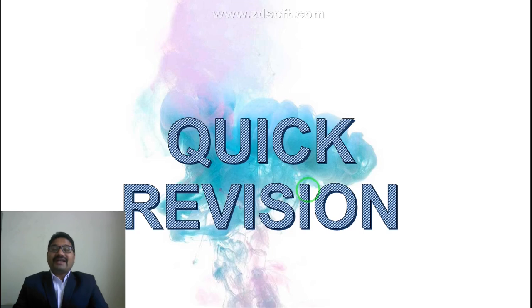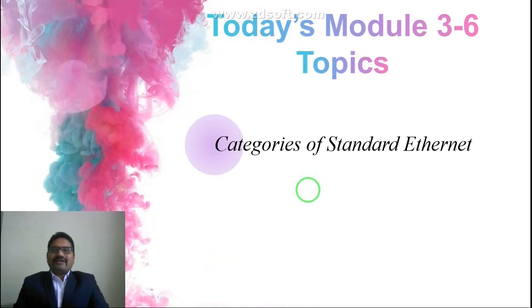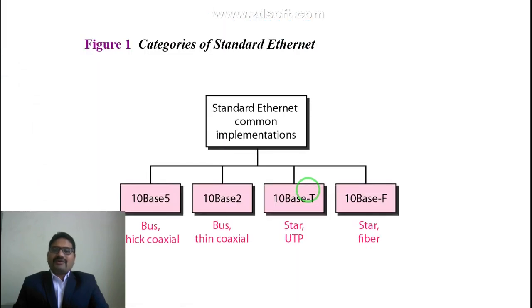Then we saw addressing, how to recognize unicast, multicast and broadcast addresses, and how the address is transmitted. Today, we are going to see the categories of standard Ethernet and what is switched Ethernet. So let's start with today's topic.